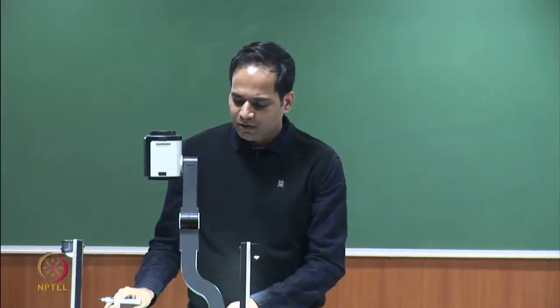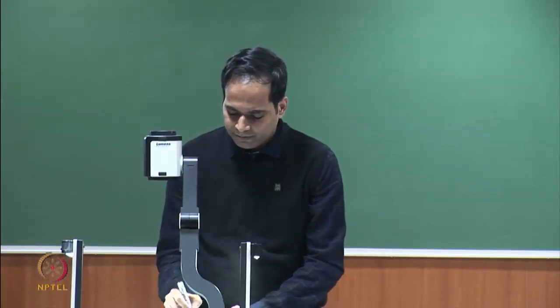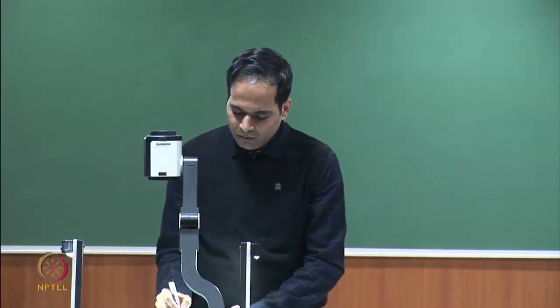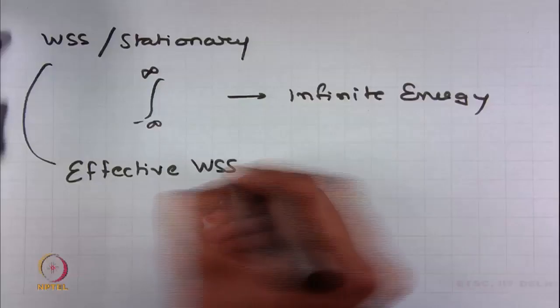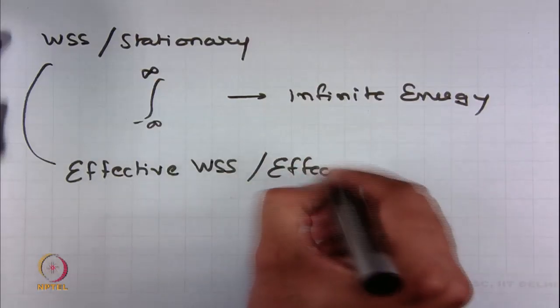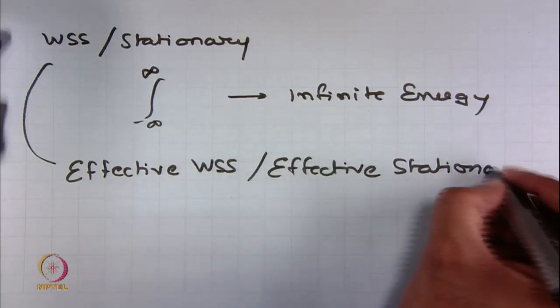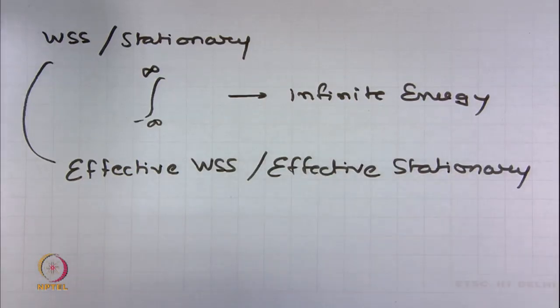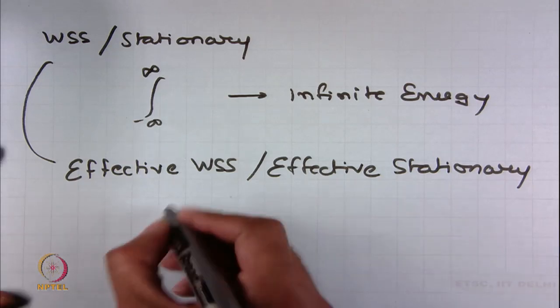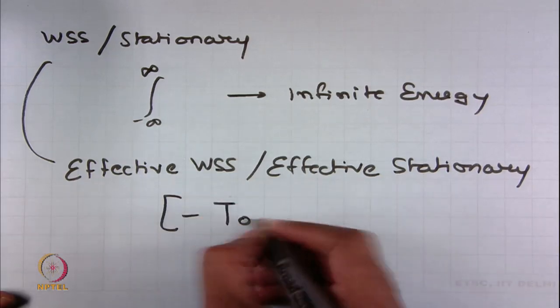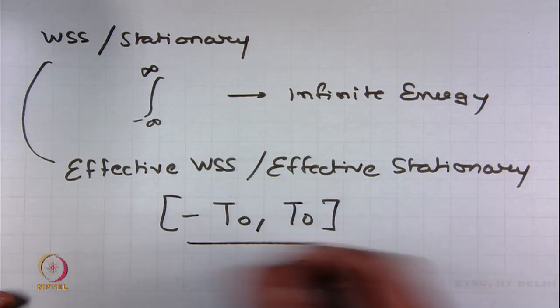So, in order to get rid of this problem, sometimes you talk about the effective wide sense stationary or effective stationary process, meaning that the process is not completely stationary, but it is stationary in the time limits minus t naught to plus t naught. Okay.